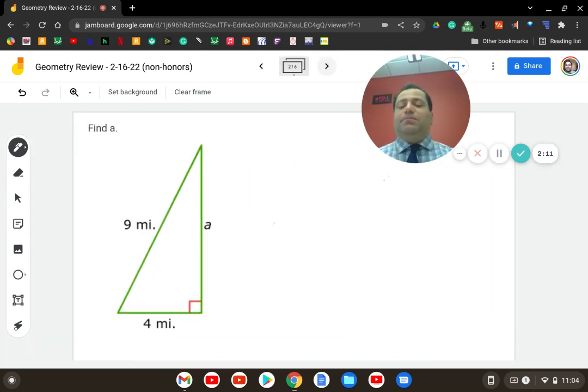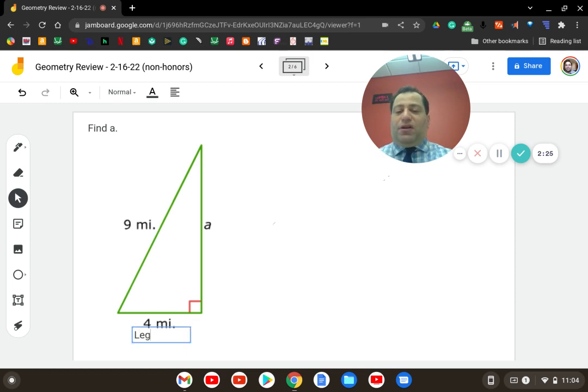Let's try another example. In this example, I have a right triangle, and I'm asked to find a missing side when I know two of the sides. This is a Pythagorean theorem example.